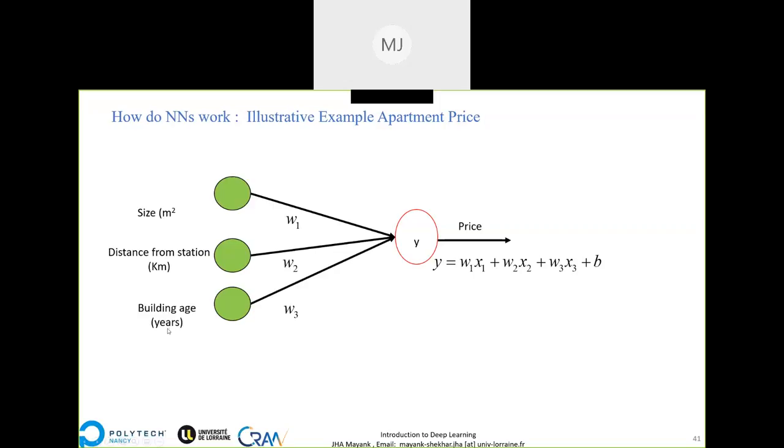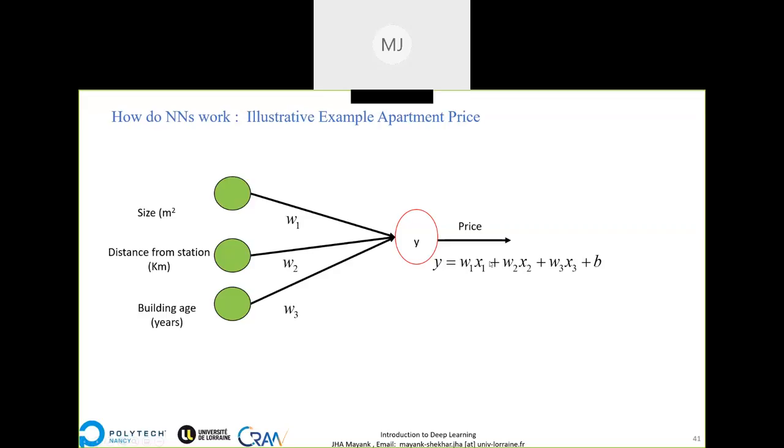They belong to different categories, and each of these inputs gives a certain output, and they are somehow related to the output. So that would be defined by the weights associated to these inputs. And the price can be linearly related. For example, it could be the simplistic case.